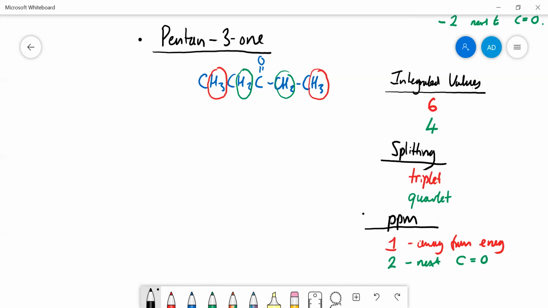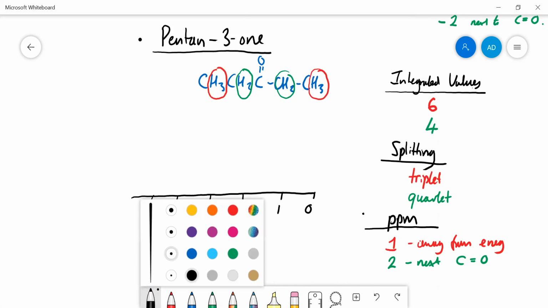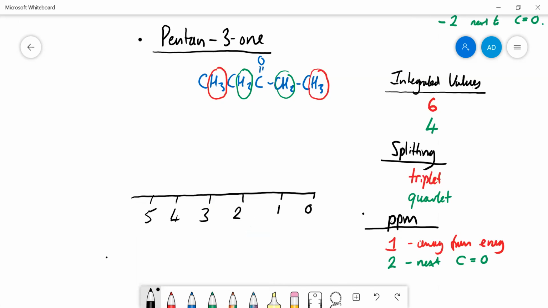So let's just sketch what it's going to look like. Okay, so we're going to have a triplet here. And we're going to have a quartet.